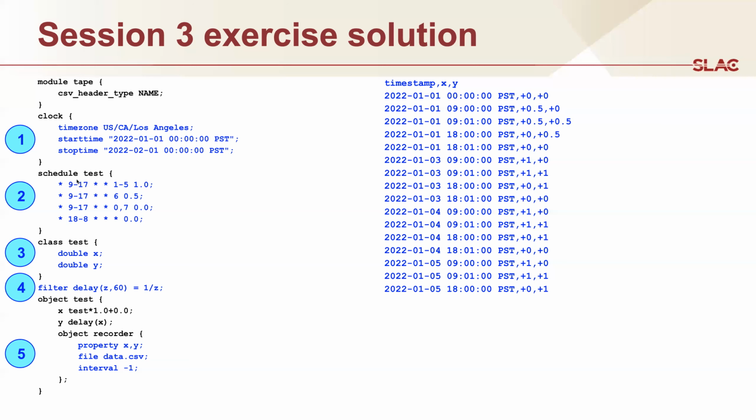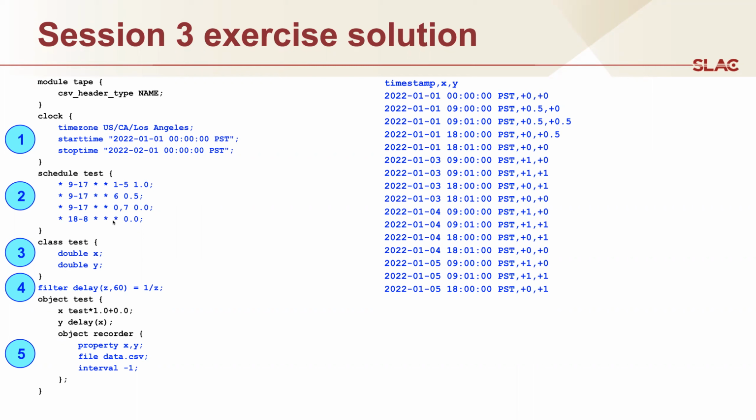So what this says is 9 to 5 Monday through Friday, the value is 1.0. And then 9 to 5 Saturdays, the value is 0.5. And if you recall, that was the requirement. And then for the remainder of the 9 through 5s that we haven't yet specified, which is Sunday and holidays, the value is 0.